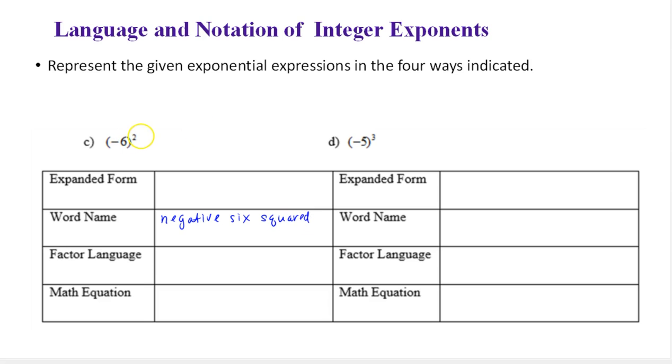So this means we want 2 factors of -6, so we're going to multiply -6 by itself twice. Or you could also think of this as -6 times -6. We sometimes write them next to each other like this to show multiplication. So in factors language, this is 2 factors of -6.